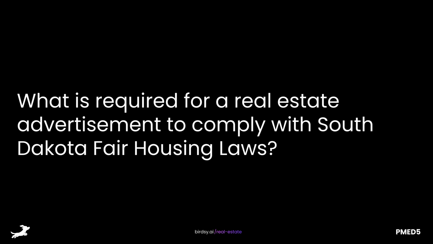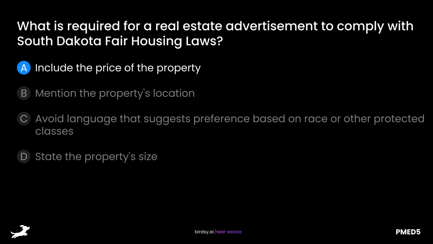What is required for a real estate advertisement to comply with South Dakota Fair Housing Laws? Is it A, include the price of the property, B, mention the property's location, C, avoid language that suggests preference based on race or other protected classes, or D, state the property's size?